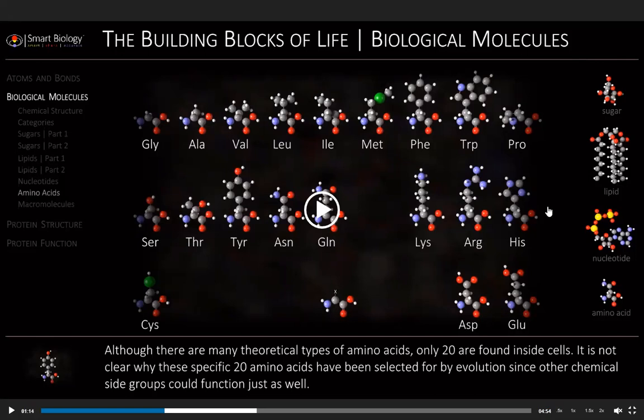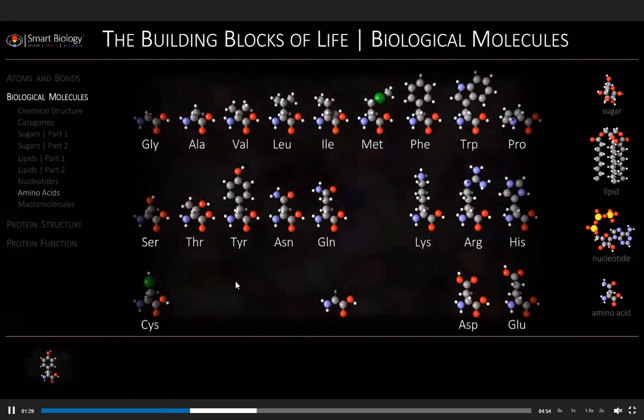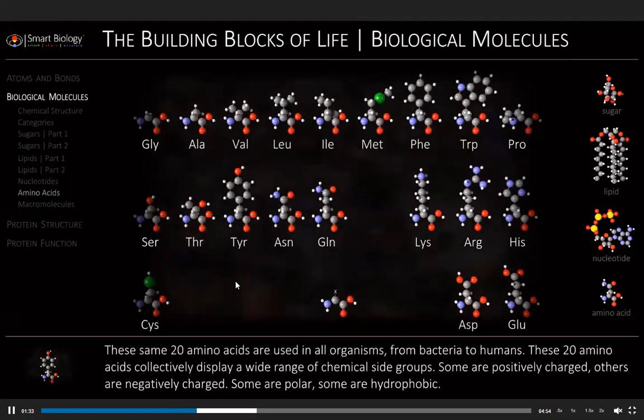It's not clear why 20 amino acids have been selected, but they were selected billions of years ago, because bacteria use the same amino acids to generate their proteins as well. There could be other chemical side groups which could function in a similar manner, but nonetheless, we have these 20 amino acids. They are used in all organisms from bacteria to humans, and they have a wide range of chemical side groups.